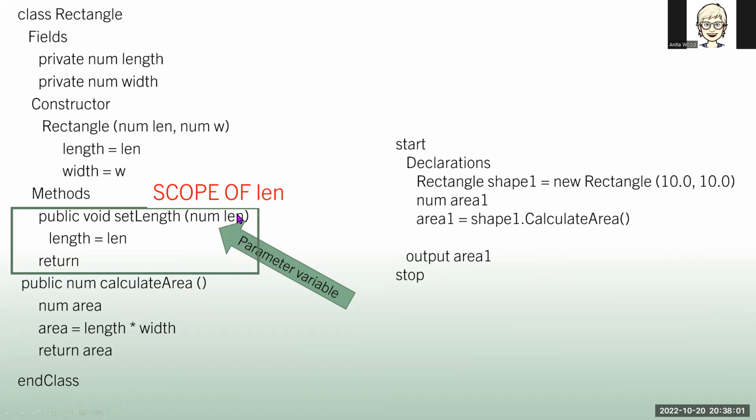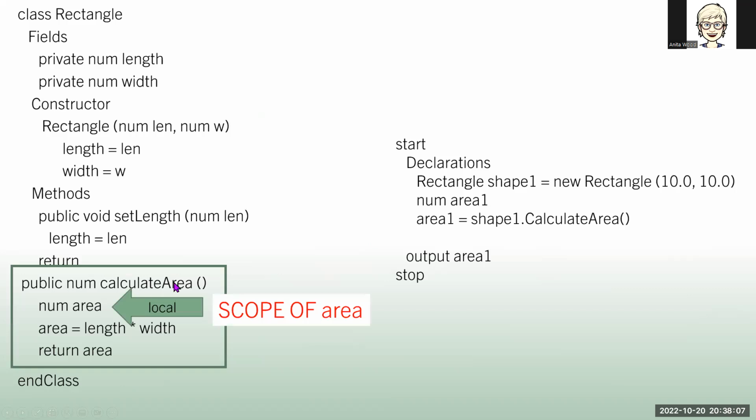The scope of len is only in the method. I have a local variable that I have defined inside a method right here. Its scope is only inside that particular method.